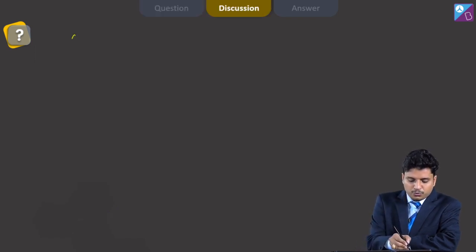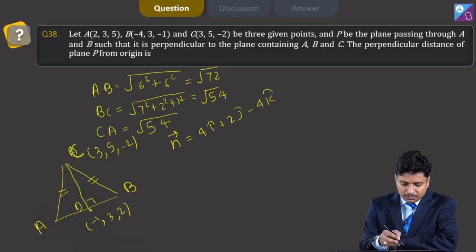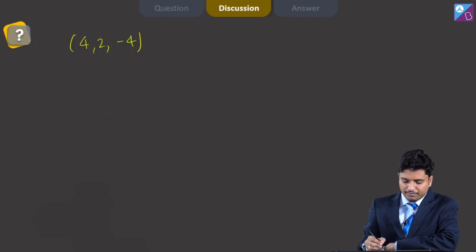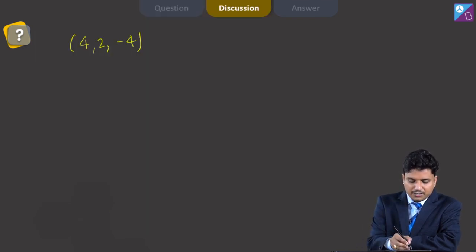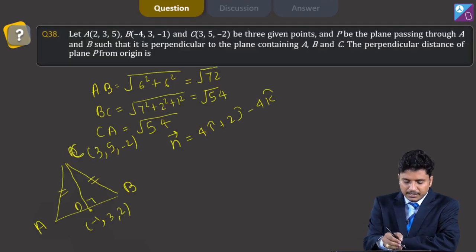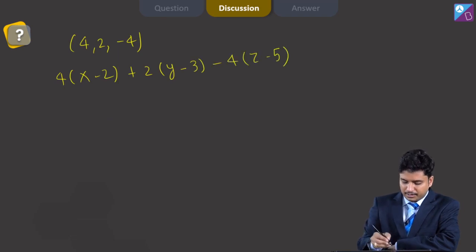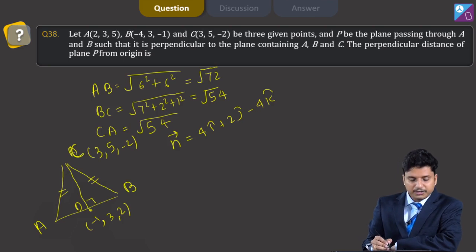So 4, 2 and minus 4 are the direction ratios, and as point A is given as 2, 3, 5, the equation of the plane will be 4 into x minus 2, plus 2 into y minus 3, and minus 4 into z minus 5.